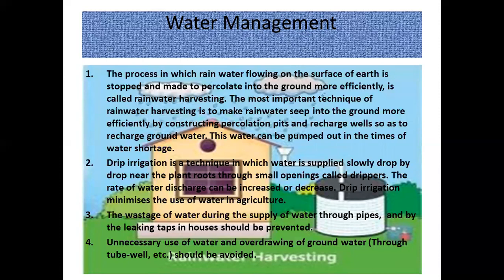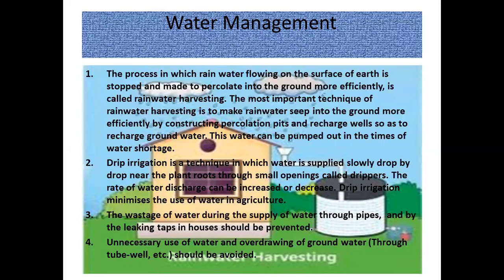You cannot see water anywhere on the earth's surface for useful purposes. Water is there, but salty water cannot be used. So it may be possible that we are living in an area where there is sufficient rainfall and yet there is shortage of water. This can happen if mismanagement of water resources continues.